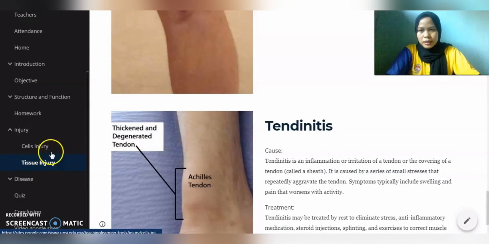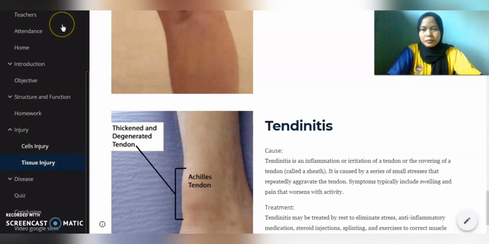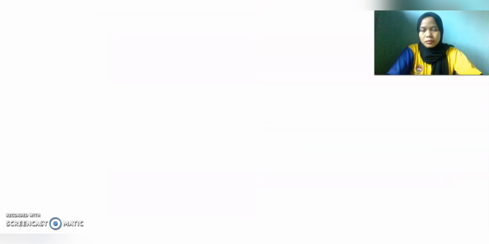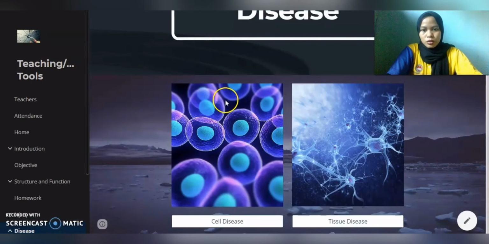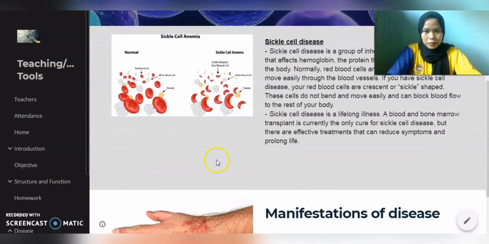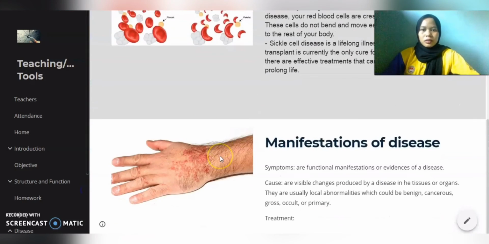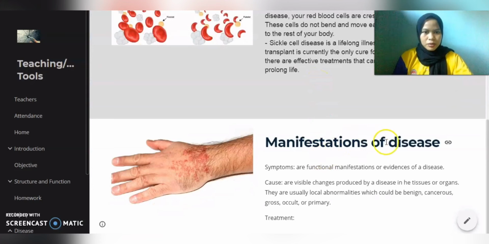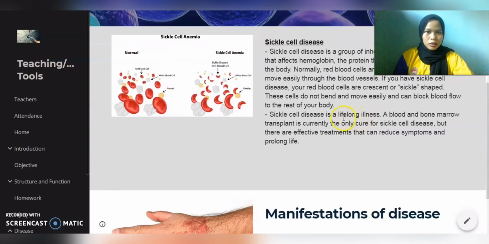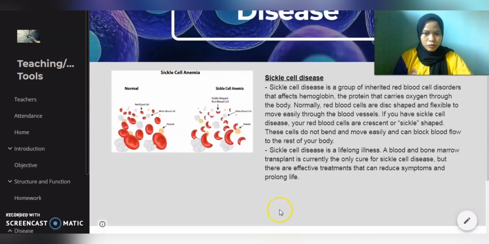So for disease, just click here to see the options and the information. For cells, there is sickle cell disease, manifestation of disease, and the explanation about the symptoms, cause, and treatment.